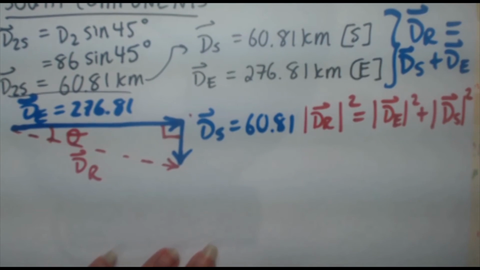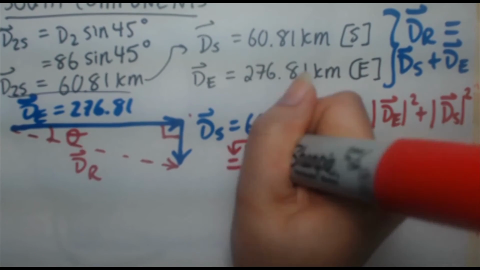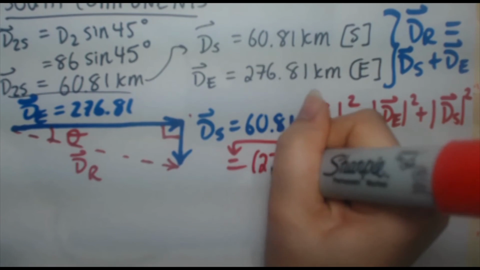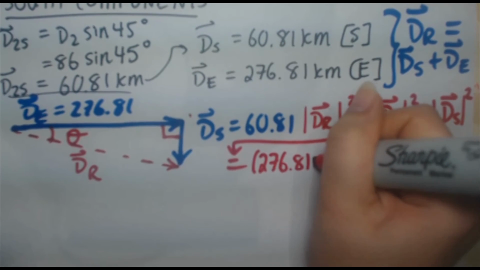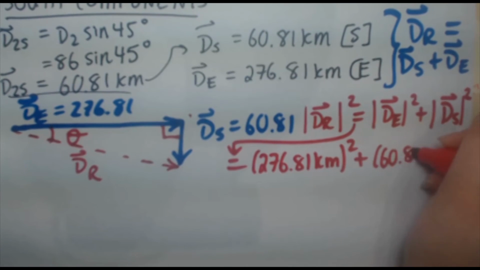Okay. So let's solve that. So I'll just drag that over here. dE is 276.81 kilometers squared. Okay, dS is 60.81 kilometers squared.